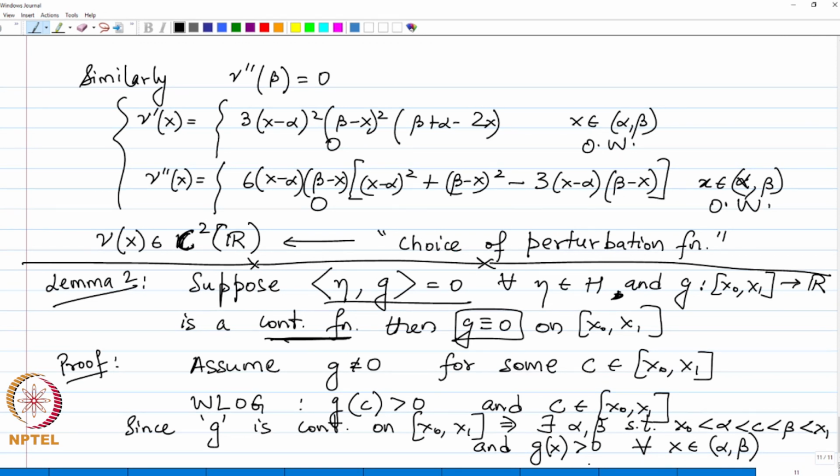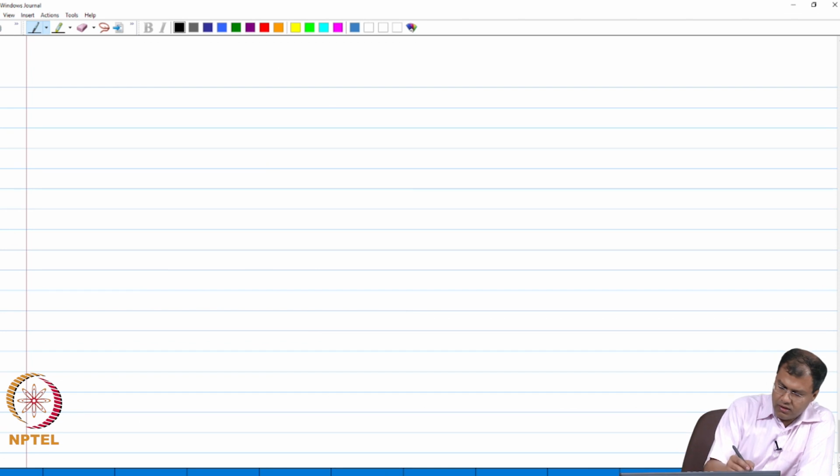Then the moment we have a non-zero function inside an interval, we can invoke our first result. We can invoke our lemma 1.